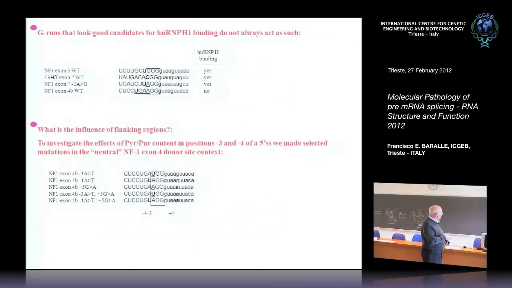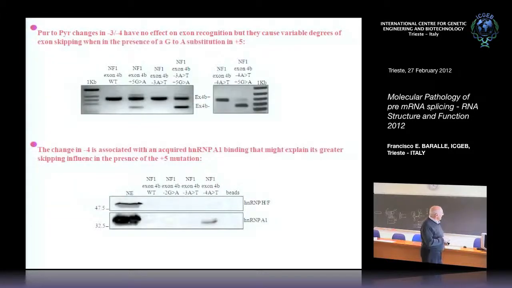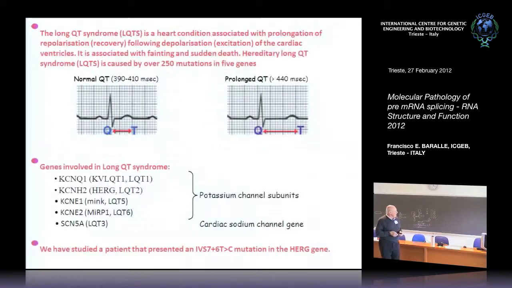In this exon 4, if you get different changes at position -3, -4, and so forth, you may get that there is no binding of H, but other hnRNPs start to bind. So you may get some splicing deficiencies because you created a new sequence that is the favorite sequence of another inhibitor.